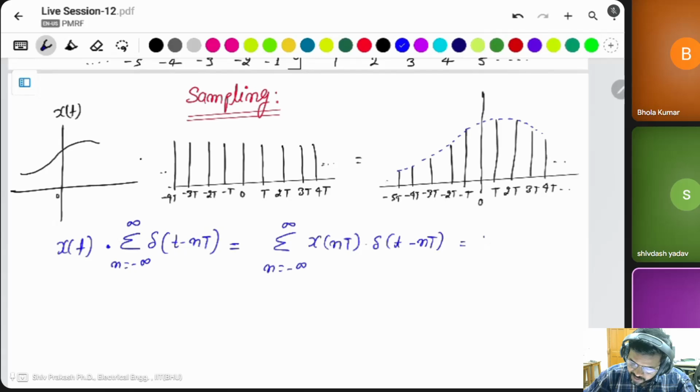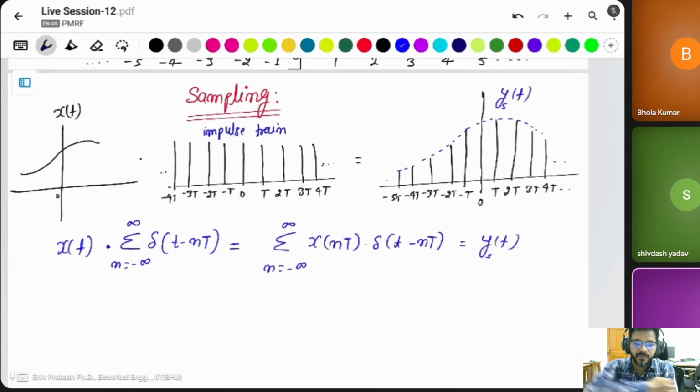This is also known as y(t), the sampled output. This is the impulse train. By multiplying by the impulse train, you can find the sampled signal of any signal.